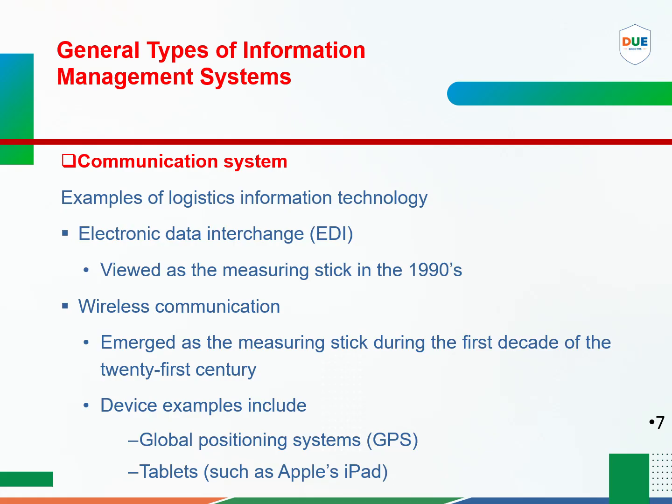Together, EDI and wireless technologies illustrate how communication systems have evolved, from fixed batch exchanges of data to more flexible, real-time interaction. A good discussion question is, where would you still use EDI-style structured messages? And where do you need the flexibility of wireless internet-based communication in logistics today?